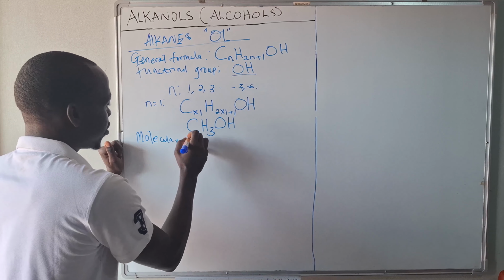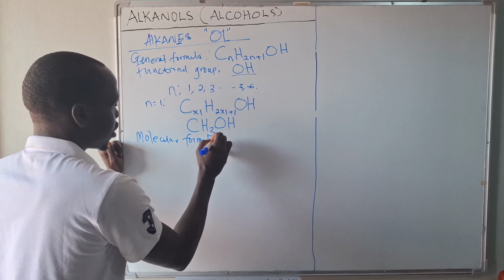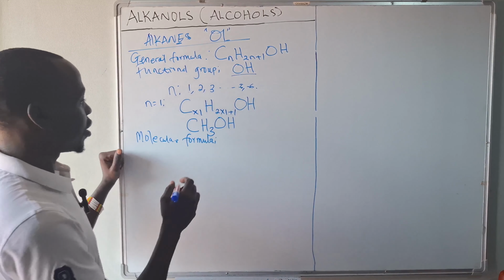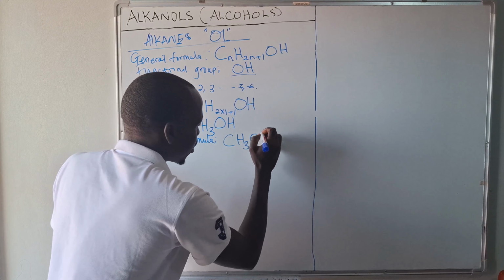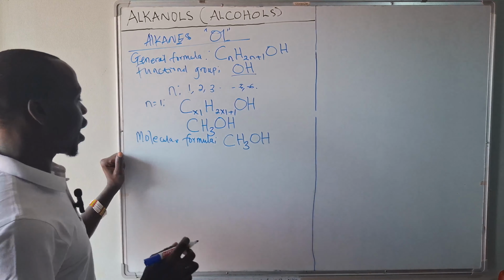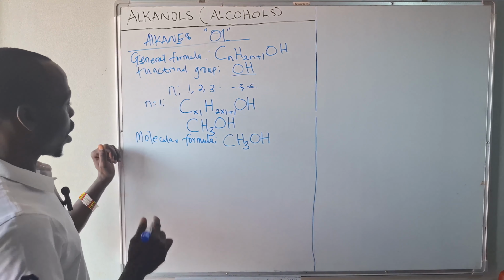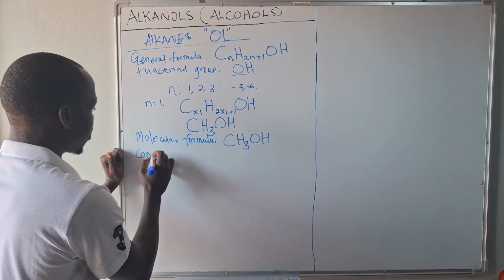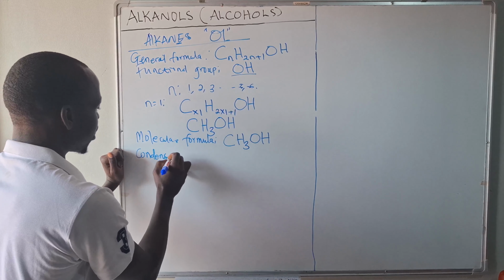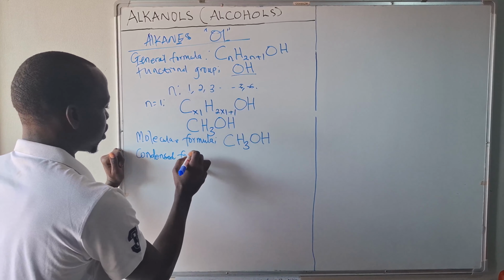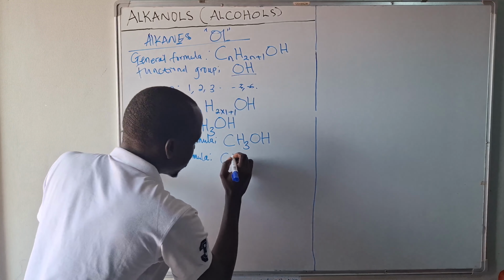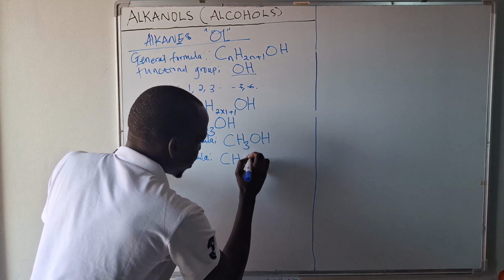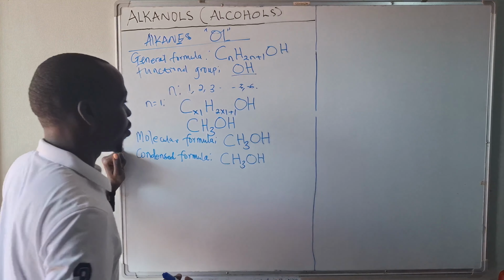So the molecular formula remains in this way. But then we also need to look at what we call the condensed formula. And the condensed formula is going to be CH3OH. So they are more or less the same.